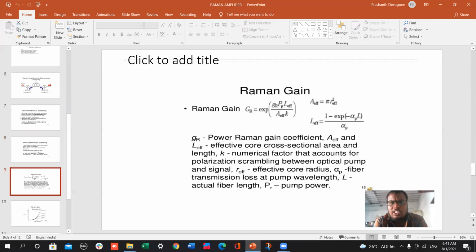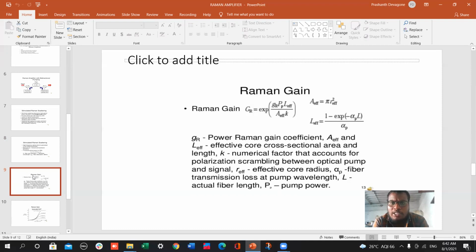Raman gain G_R is the exponential of g_R times P_P times L_eff divided by K times A_eff, where A_eff equals pi r_eff squared, and L_eff equals 1 minus exponential of minus alpha_P L, divided by alpha_P. g_R is the power Raman gain coefficient, A_eff and L_eff are the effective core cross-sectional area and length.